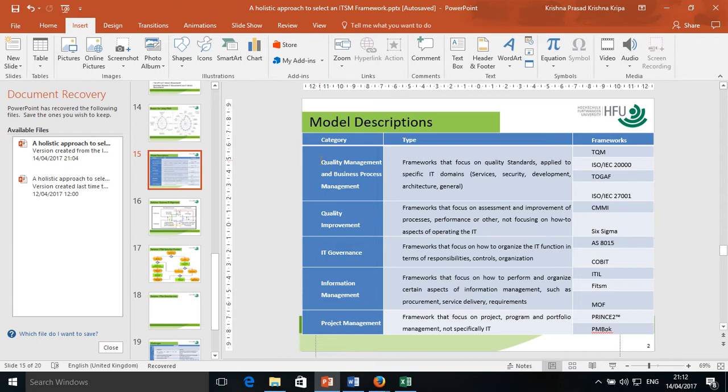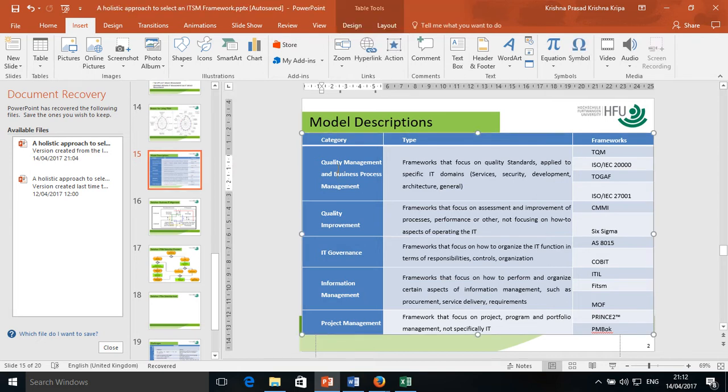Again I'm stressing: I'm not saying that this one is good or this one is bad. But if an organization understands out of these categories where it is lagging, then it can do more research on the frameworks belonging to that particular category, and do all the possible things to attain its goal. So that is the basic logic behind this Excel sheet.